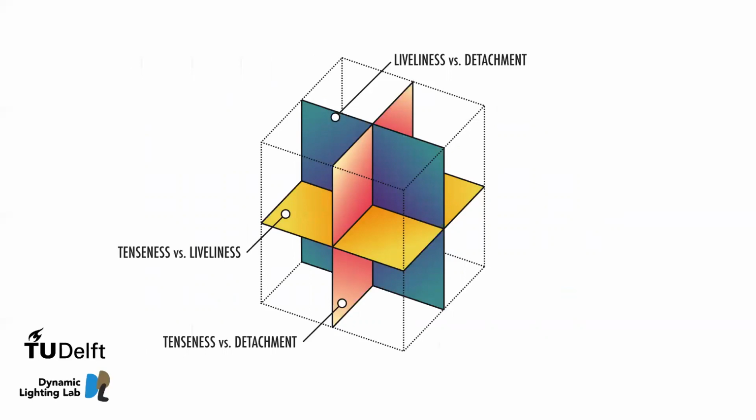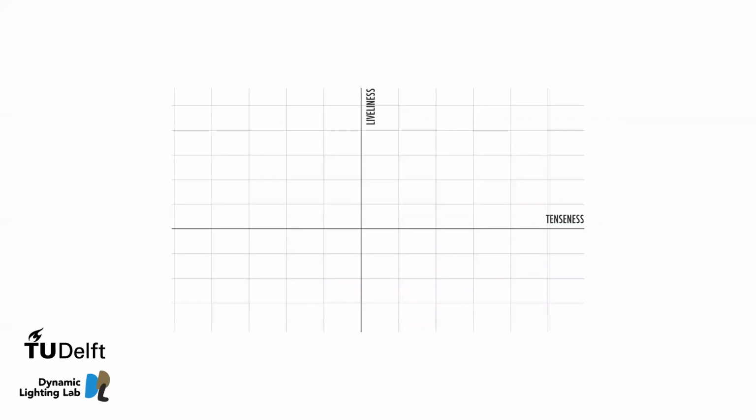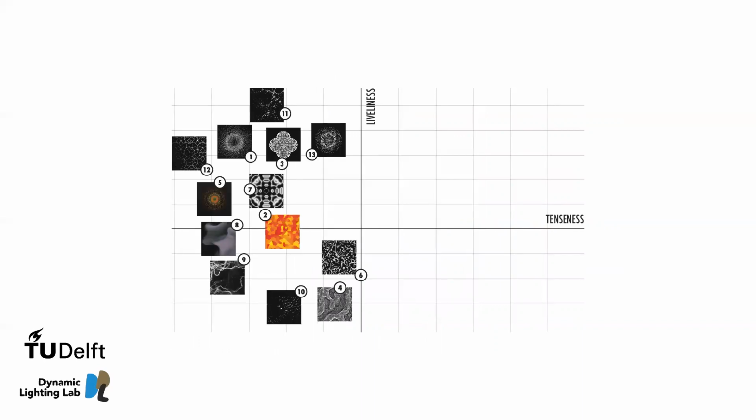Most importantly, what we can find right now is that if we want to map the textures that we used for this experiment, we can actually do that in this feature space. So that's exactly what we did. We took the axes that we generated earlier, and we plotted all of our stimuli in this grid.